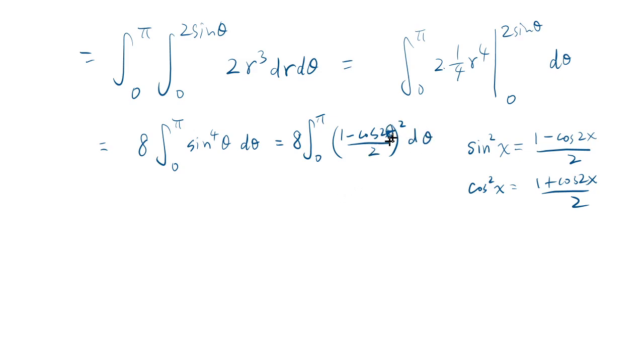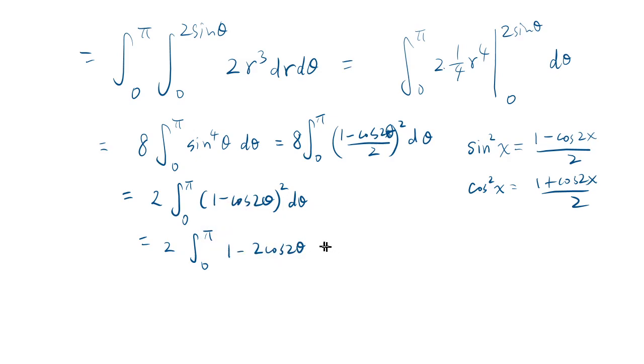And because 2 squared is 4, 8 over 4 is 2, you end up with 2 times integral from 0 to pi, 1 minus cosine 2 theta squared d theta, which is, by the way, if you expand this, you get 1 minus 2 cosine 2 theta plus cosine squared 2 theta.